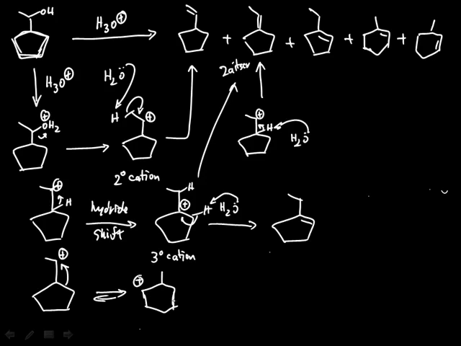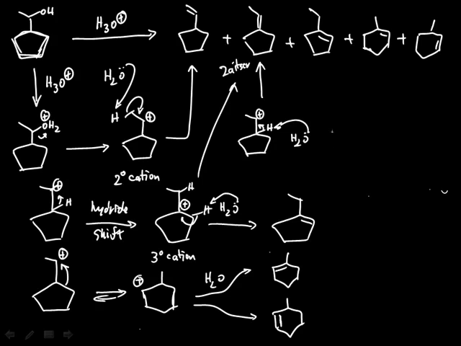But this does happen since their stability is comparable. And now we can already see that the elimination of this six-membered ring can put a double bond in this position, or alternatively in this position. And this would explain all five products of the reaction.